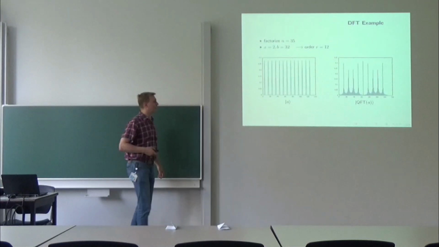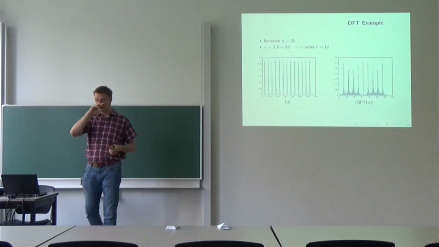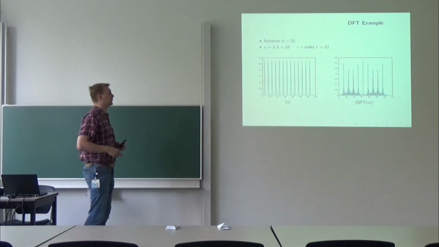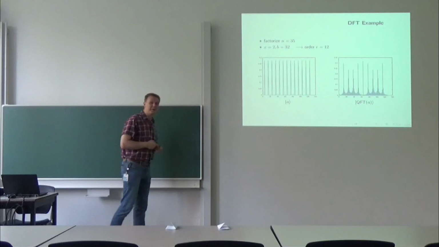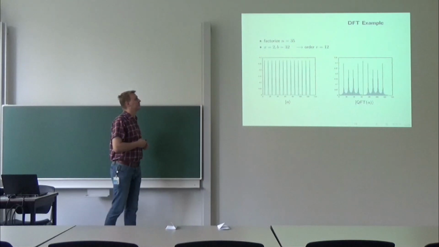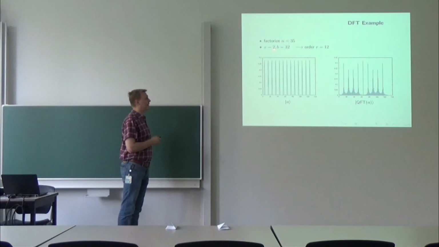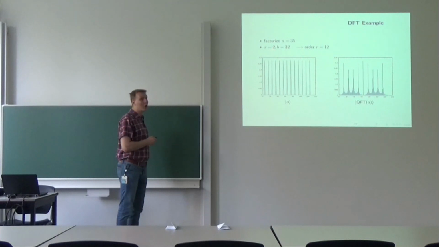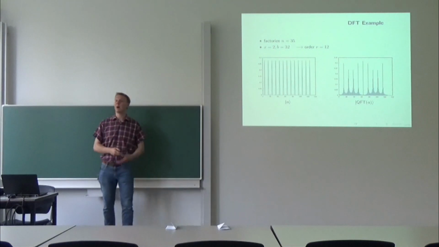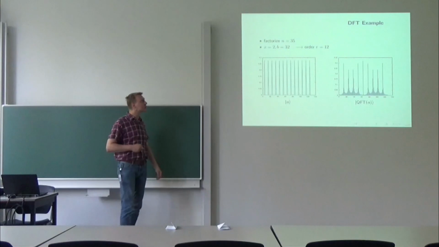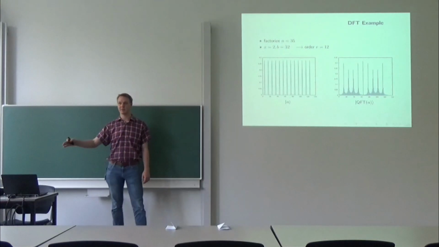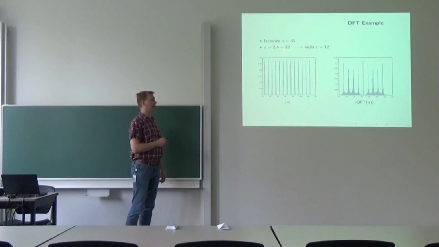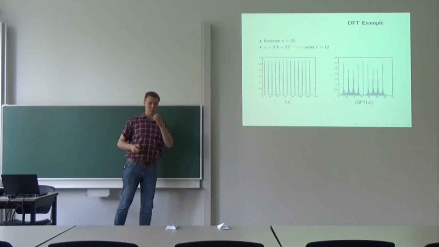So this is a small example of how the discrete Fourier transform works. So we're trying to factorize the integer 35, and the second register is going to contain 2 raised to the power all possible integers, modulo 35, and when we measure the second register, we measure b is equal to 32.